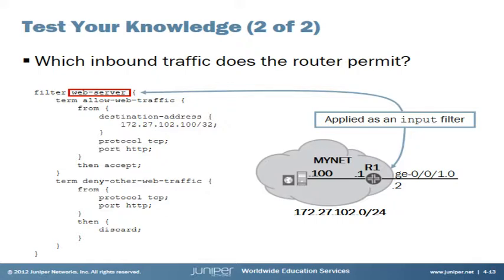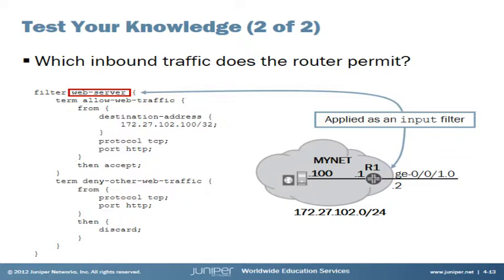Well, it will permit any traffic that's going to 172.27.102.100. That's what it will permit. Okay. Will it permit any other traffic? Is it going to permit anything else?